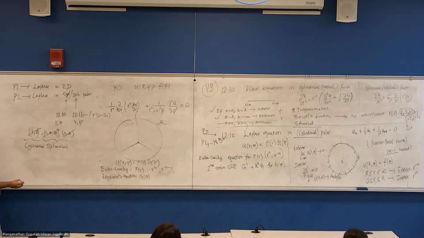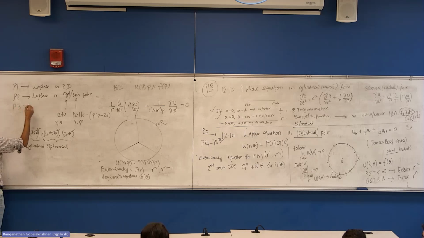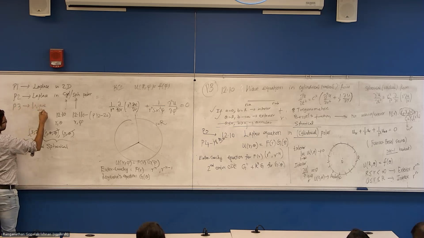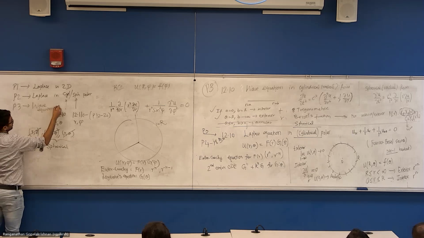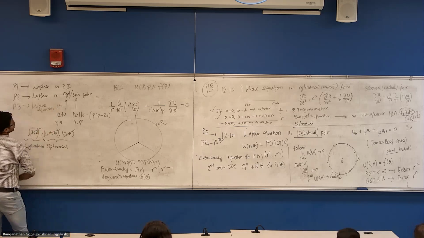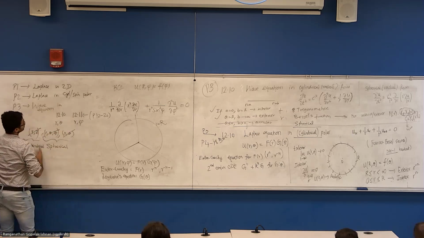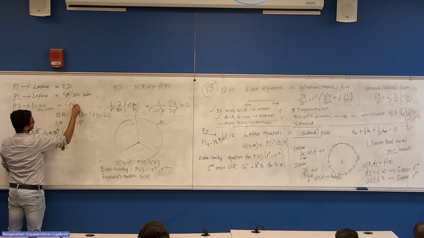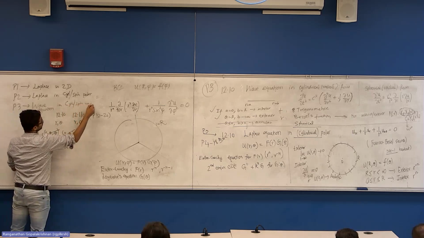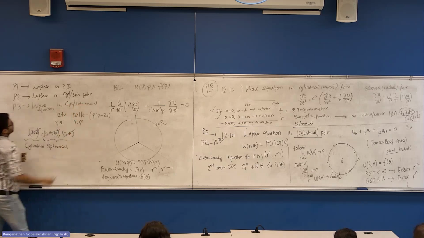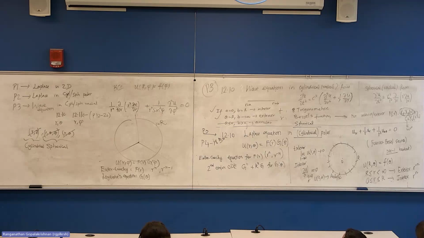All right. So I'll write here P3. P3 is wave equation in cylindrical or spherical radial form. Wow, that's a lot of combinations, right?